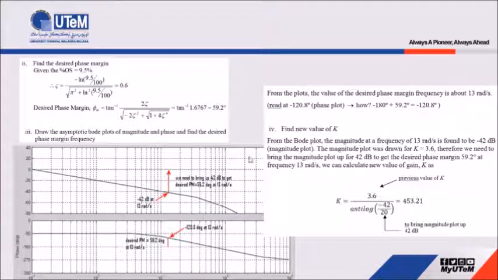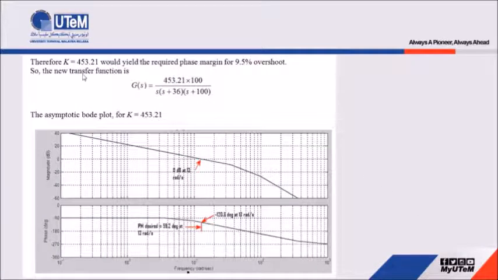From this calculation, we get the value of K equal to 453.21. Therefore, this K would get the required phase margin for 9.5% overshoot. So the new transfer function becomes G(s) equals 453.21 times 100 divided by s times (s plus 36) times (s plus 100).